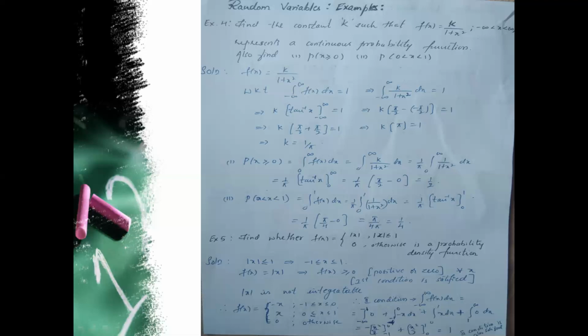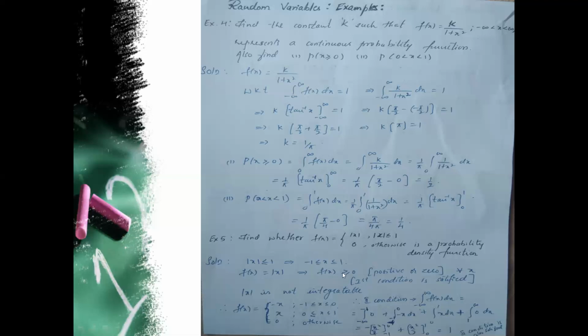Hence we see that the integration from minus infinity to plus infinity of f of x dx is 1. So the second condition is satisfied. The first condition is that all the probabilities should be greater than or equal to 0. Since the function is mod x for the interval mod x less than or equal to 1 and it is 0 otherwise, the function will always be taking positive values only.